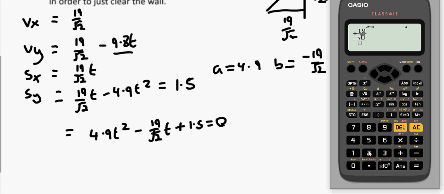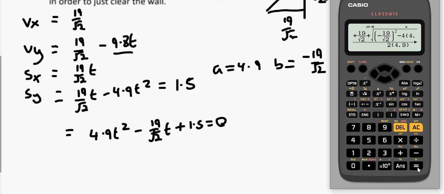19 over root 2. We'll go for plus first. Minus 19 over root 2 squared, minus 4ac, so 4 times 4.9 times 1.5, all over 2a, so 2 times 4.9.